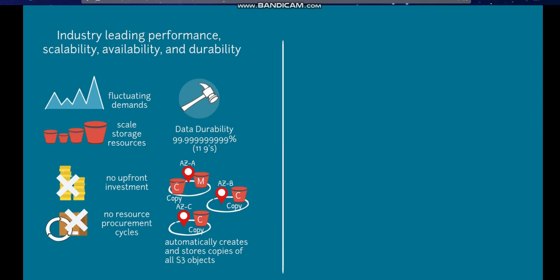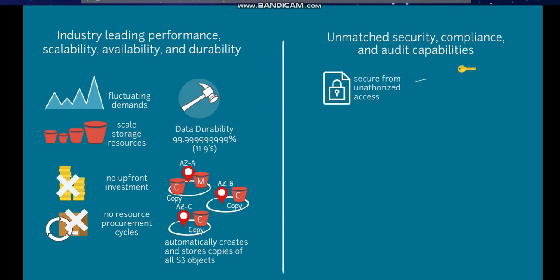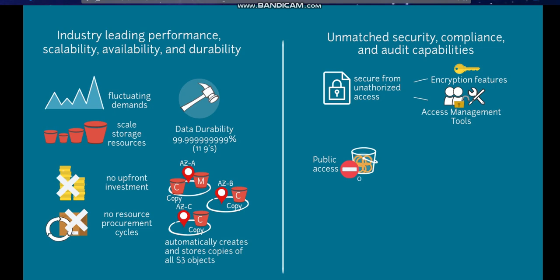Amazon S3 also offers unmatched security, compliance and audit capabilities. It secures your data from unauthorized access with encryption features and access management tools. S3 is the only object storage service that allows you to block public access to all of your objects at the bucket or the account level, with S3 Block Public Access.